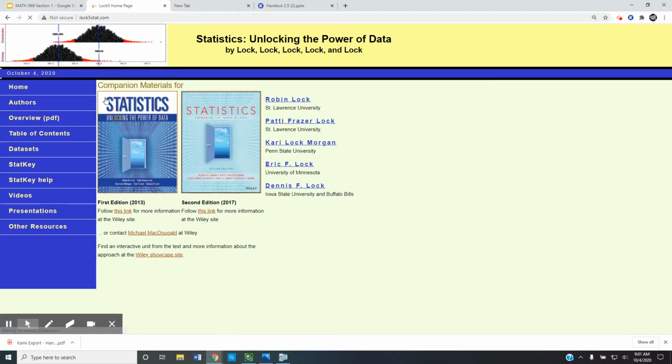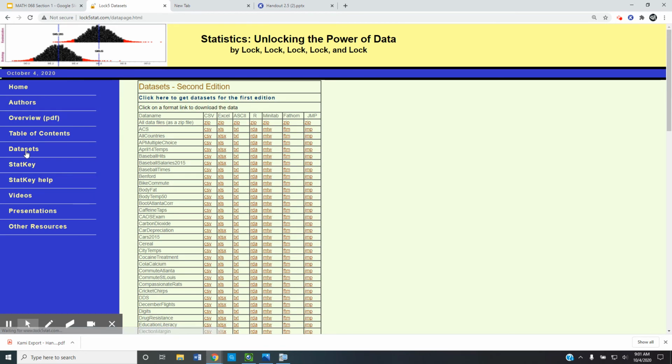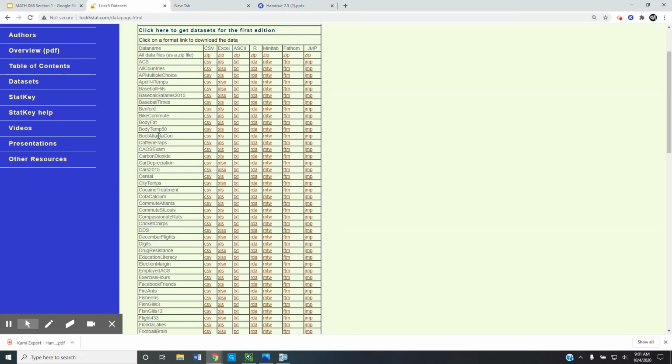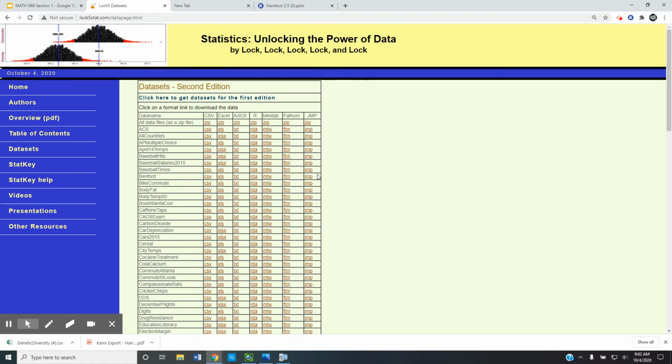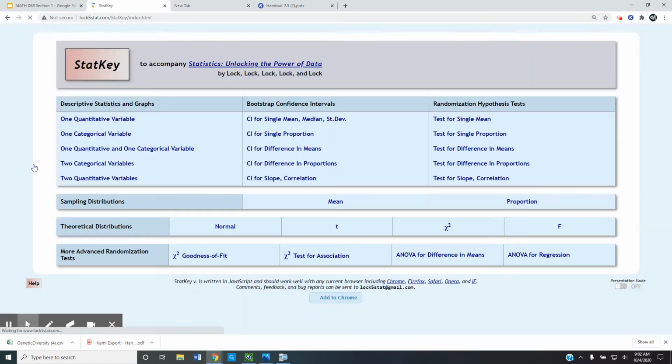Upload or unlock the power of data sets. We need to scroll down and find genetic diversity. It's right here, under football brain. Click on the CSV. It'll download into your folder, wherever your downloads go to. I can't tell you where that happens. Come back to StatKey.